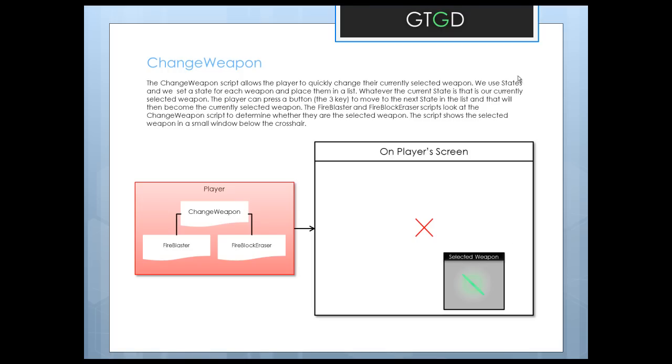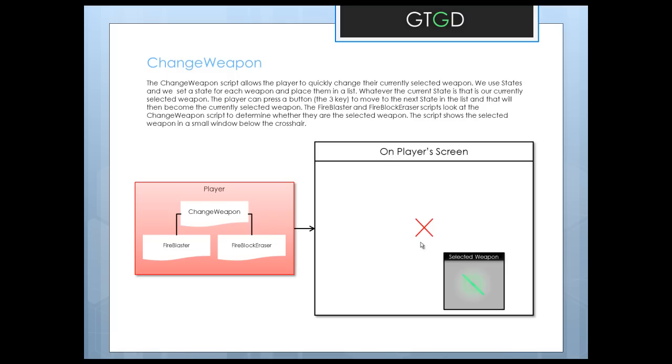We're going to define some states, and for each state we have a weapon allocated to it, and it's in a list. So whenever we press, for example, the 3 key, we'll just increment through the list. It'll automatically then select the weapon that belongs to that part in the list, so that state, which we'll discuss in the script. It's quite simple actually, but quite powerful at the same time.